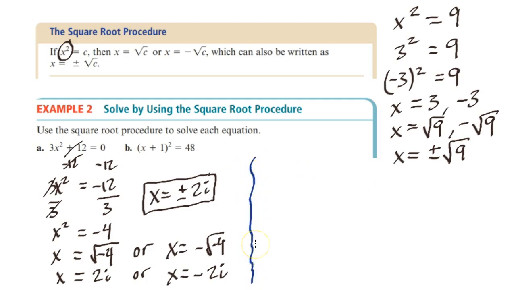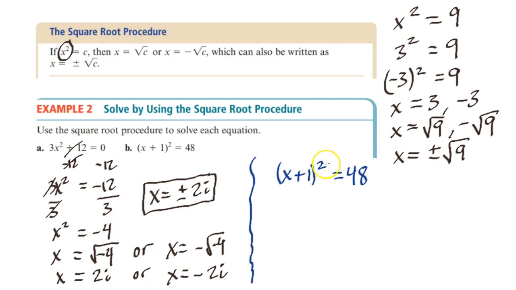Now, as I mentioned before, x can be any algebraic expression. It doesn't mention this in the procedure, but realize that I'm telling you now, x can be any algebraic expression. So the part that's being squared in this procedure that they mention here can be any algebraic expression. In this case, we have x plus 1 squared equals 48.